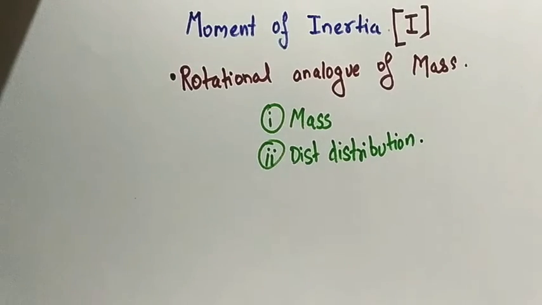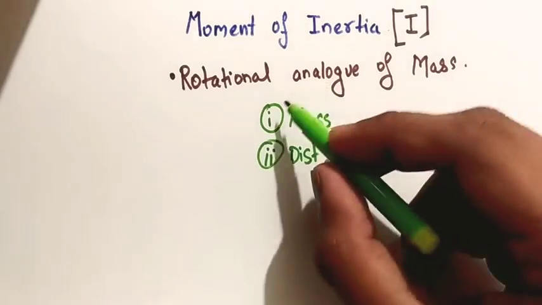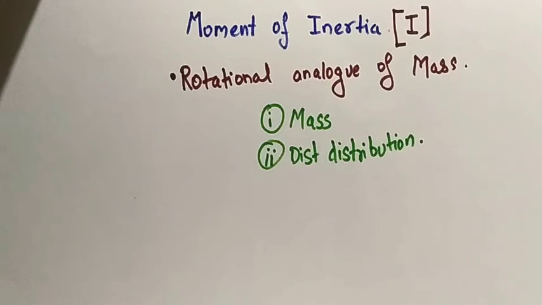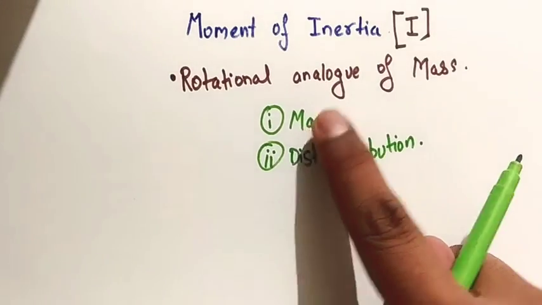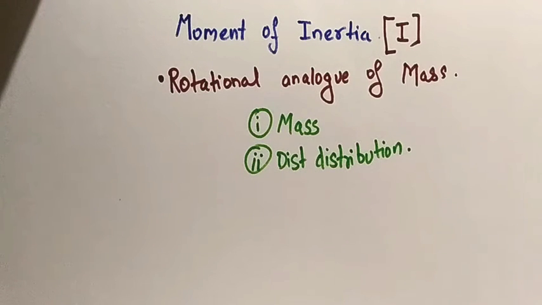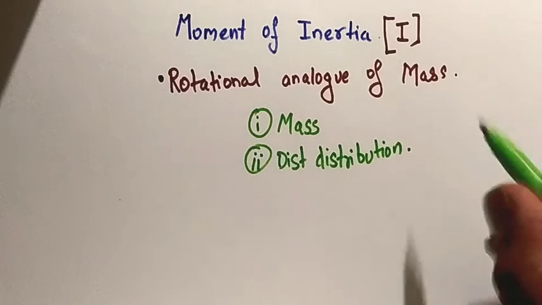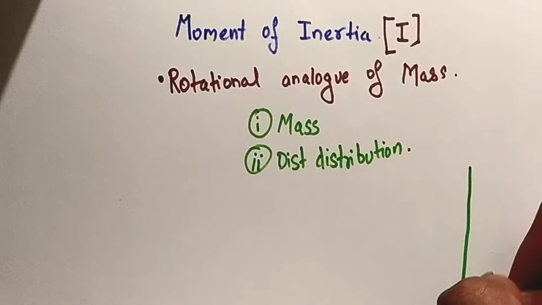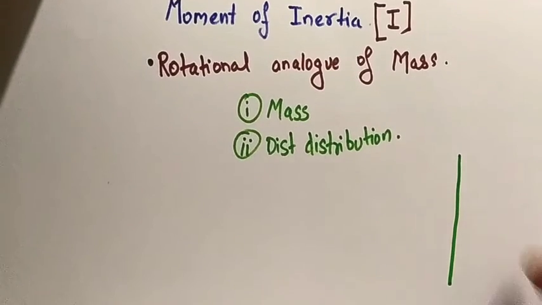I hope you understand what is moment of inertia. Moment of inertia is nothing but rotational analog of mass, which depends not only on individual masses but also takes care of distance wise distribution of the mass around the axis of rotation. So this is an axis of rotation.